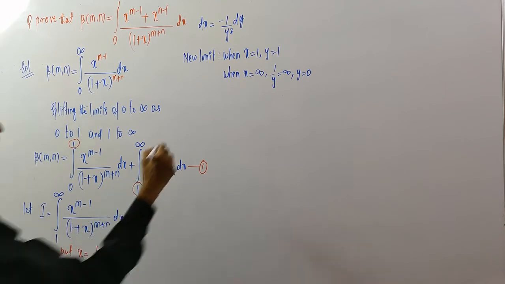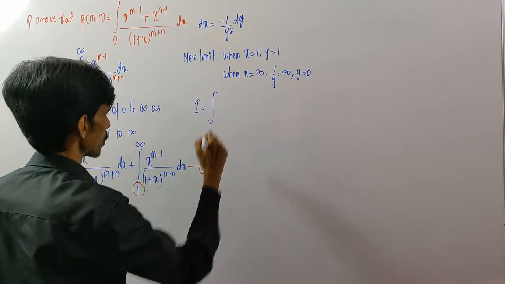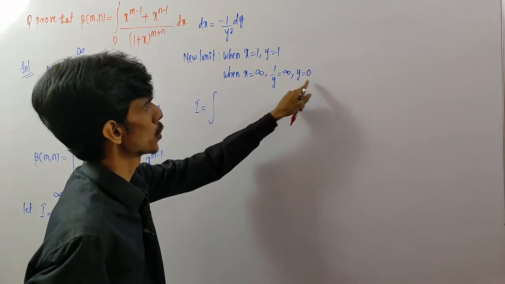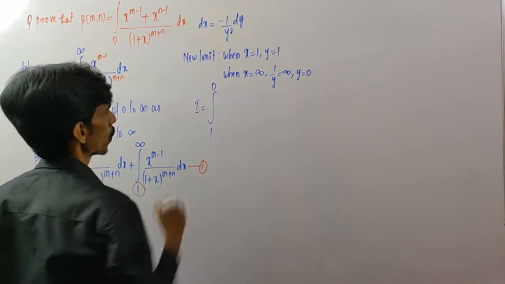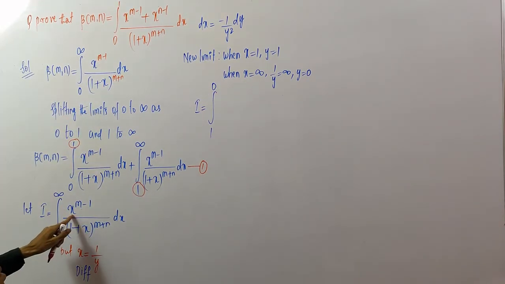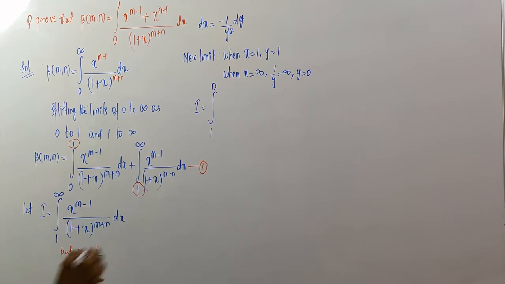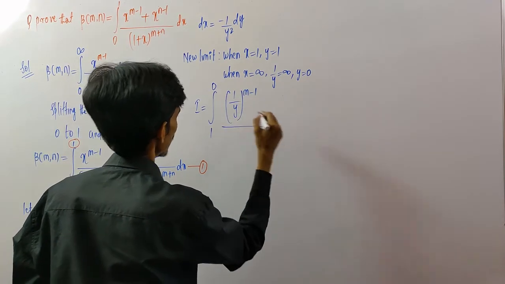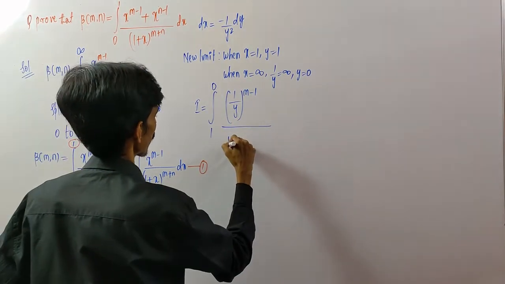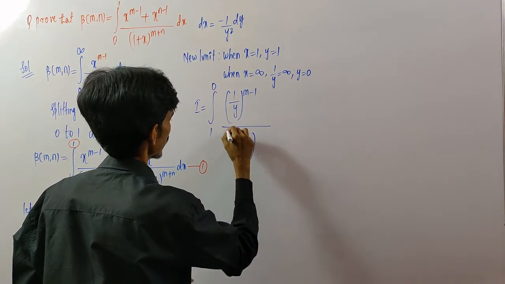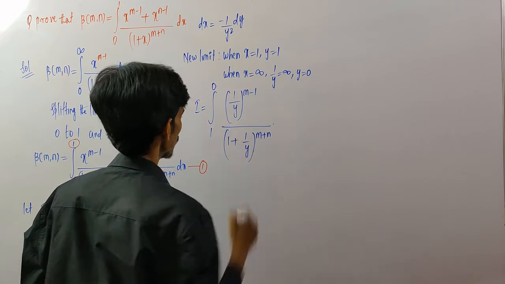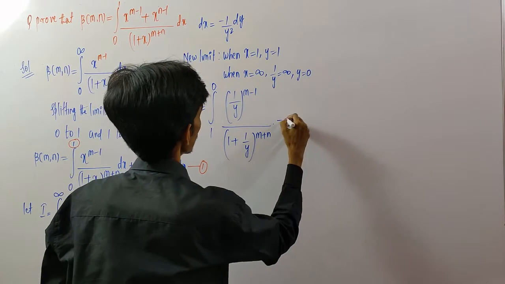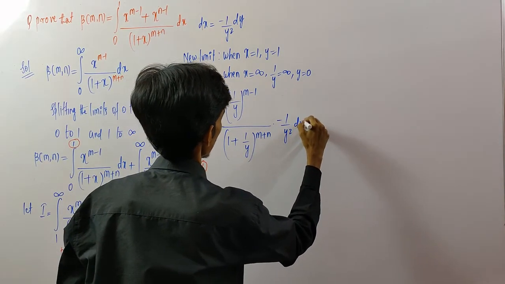Now this integral I is equal to the integral with limits 1 to 0 for y. So we have 1 to 0 of x power of m minus 1. The x value is 1 by y, so 1 by y power of m minus 1 divided by 1 plus 1 by y whole power of m plus n, into dx. The value of dx is minus 1 by y square dy.